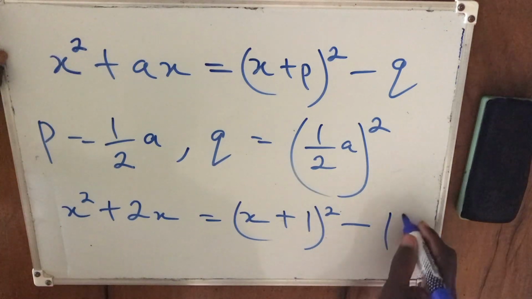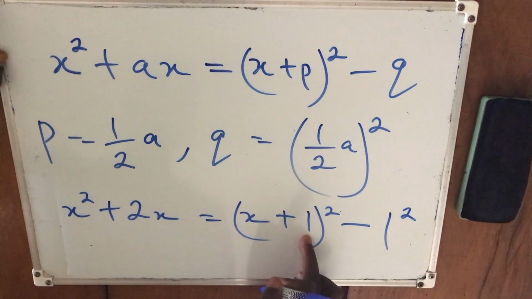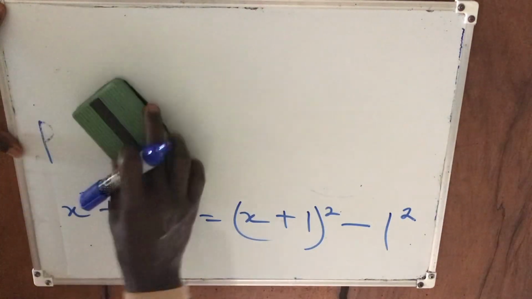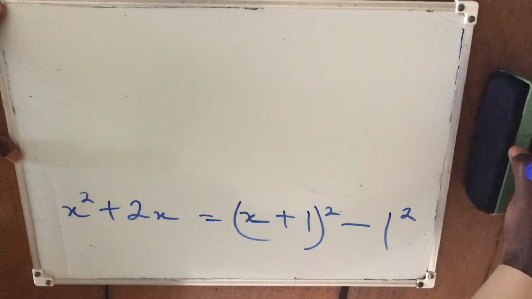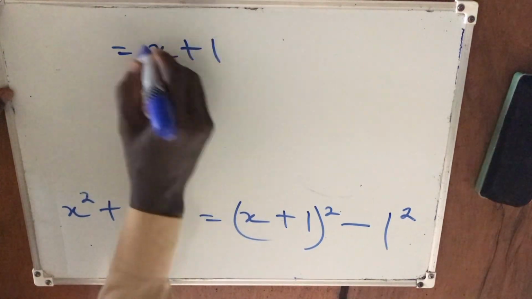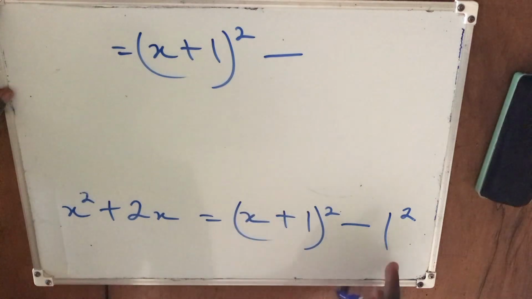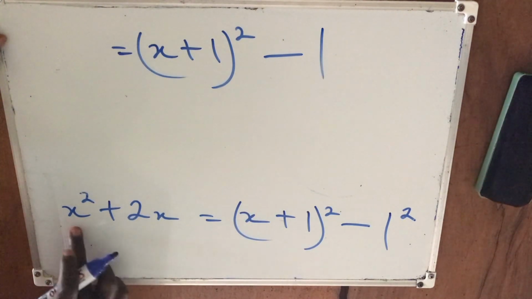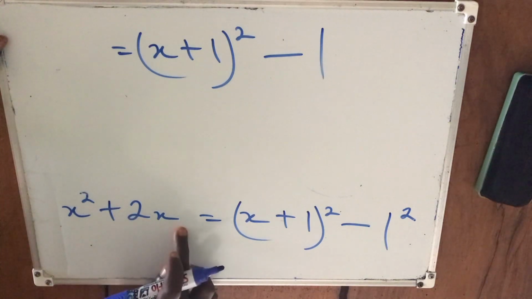That means minus 1 square, because 1 is half the coefficient of x. And that becomes x plus 1 all square minus the square of 1, which is 1. And that's the complete form of the quadratic expression x squared plus 2x.